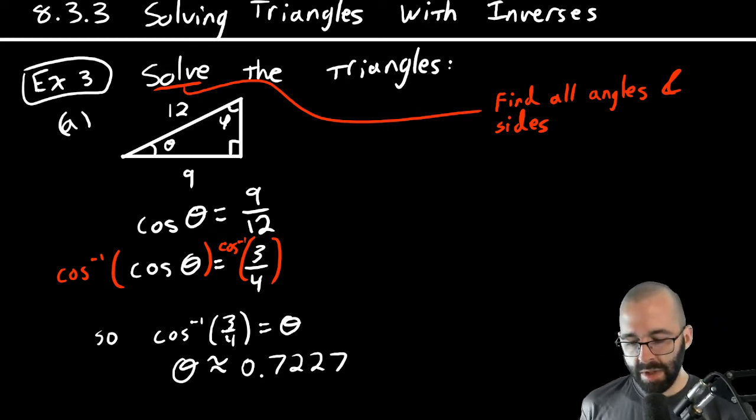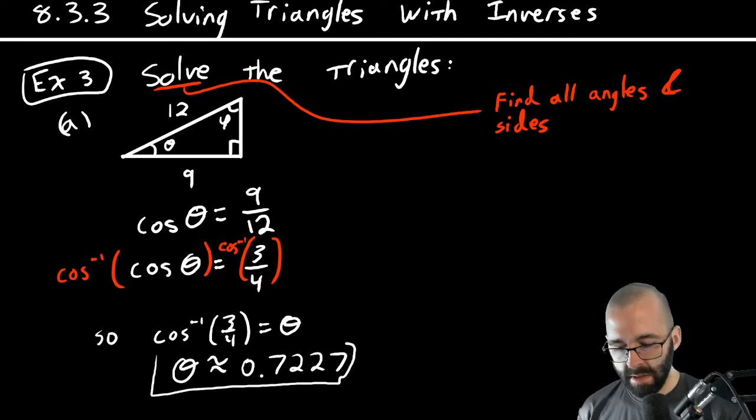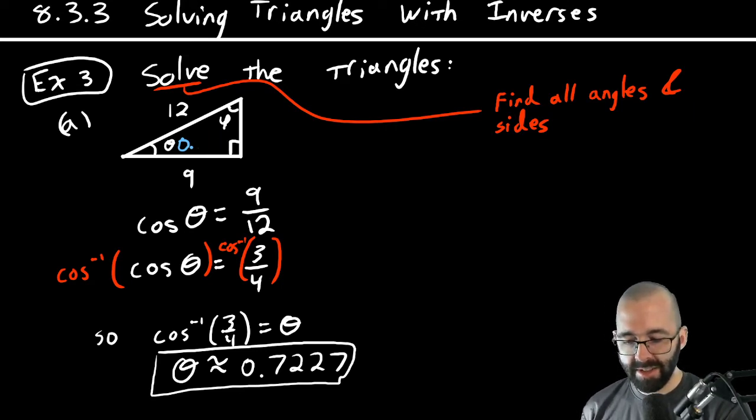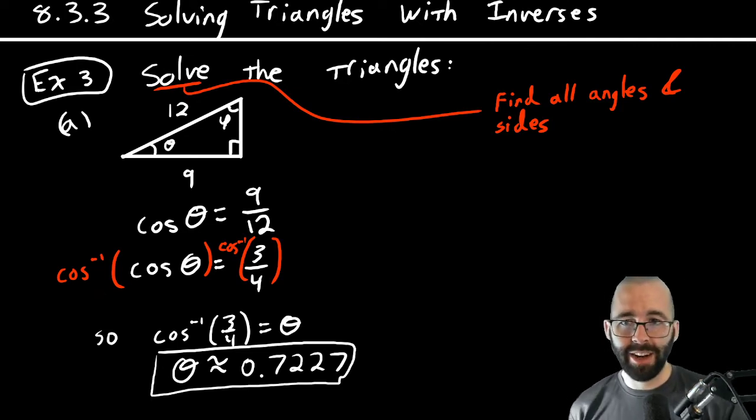All right, so we do that, and that's theta. Great. Part of our answer, we could even add it over here, right? This theta is 0.7227. I did not give myself enough room for this. Let's not add that. If we drew the triangle bigger, yeah, we'd fill it in right there.